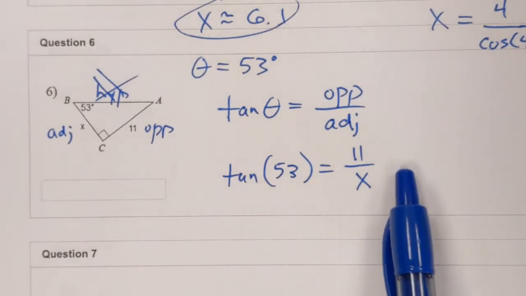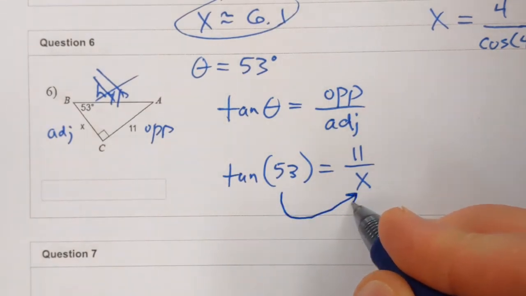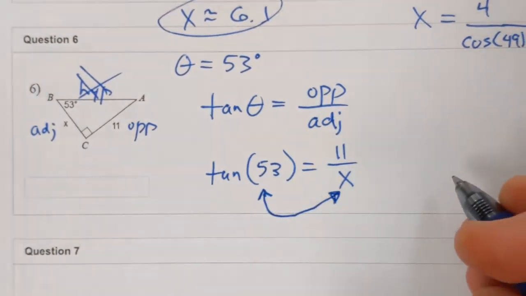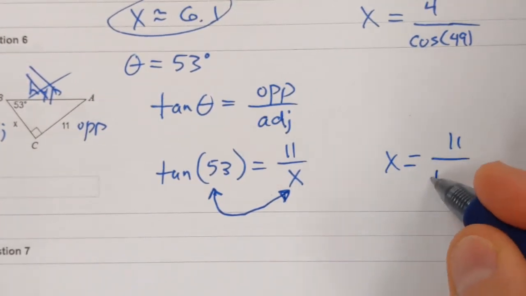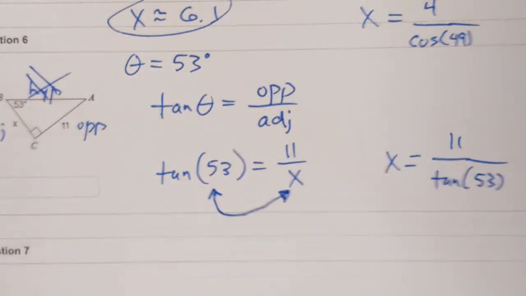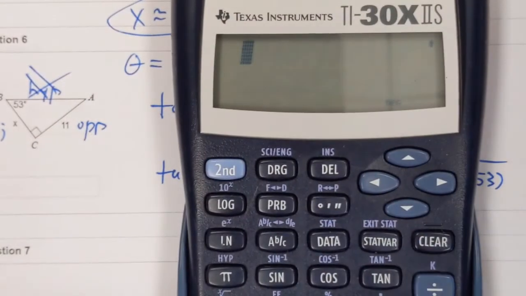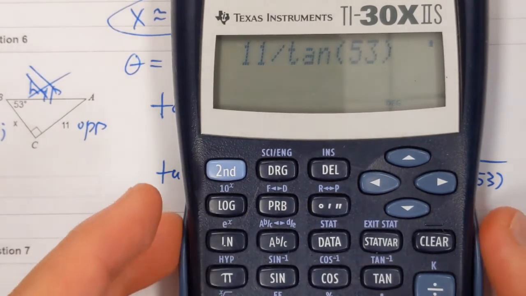Sometimes the x will end up on the top, sometimes it'll end up on the bottom. When it's on the bottom, this is where we do the old flipperoo. We're going to take 11 divided by the tangent of 53. And final answer, 11 divided by tangent 53.